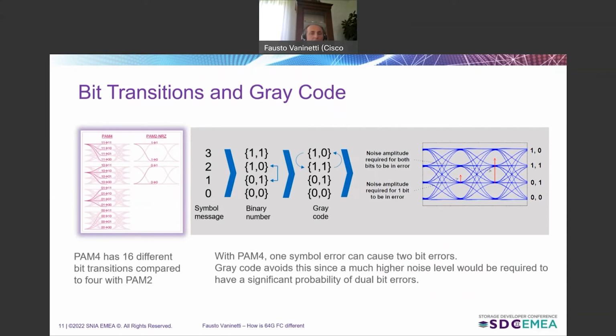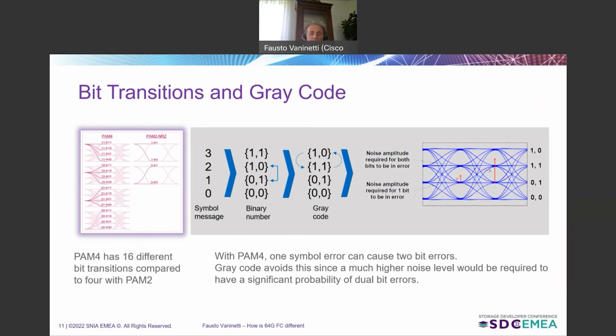So for level 2, you have 11. And for level 3, you have 10. In this way, even if you make a mistake in your decision for the level, for the transmitter level, you actually make a single bit error. So gray coding is a way to make sure that even if you get an error, it's a single bit error, not a double bit error.